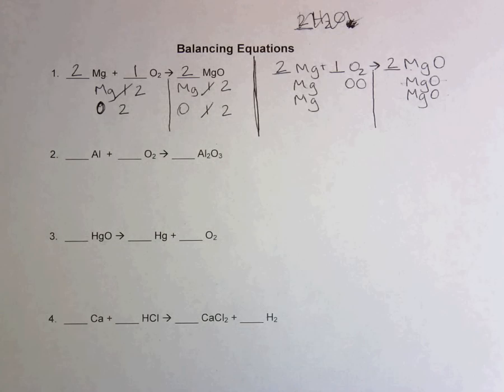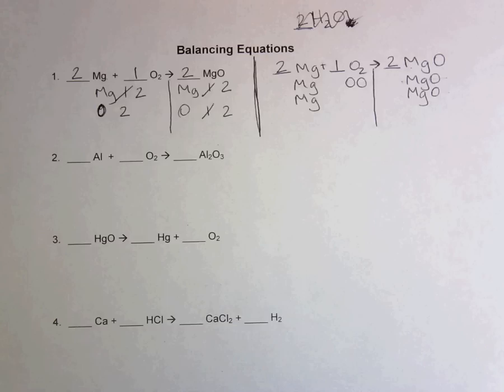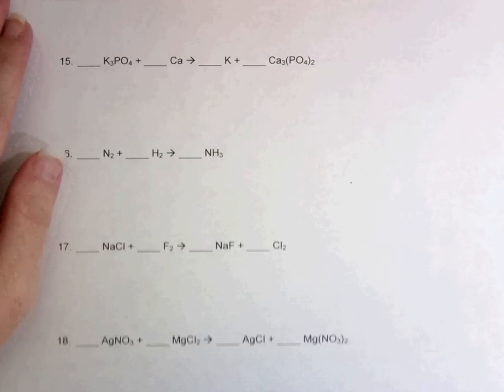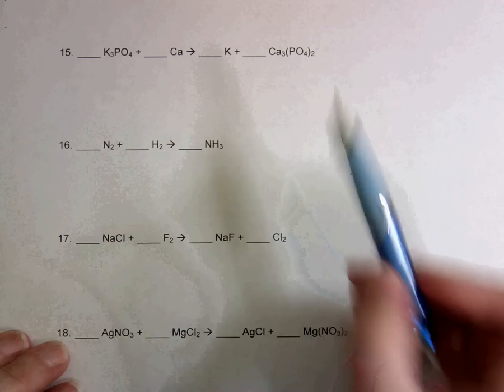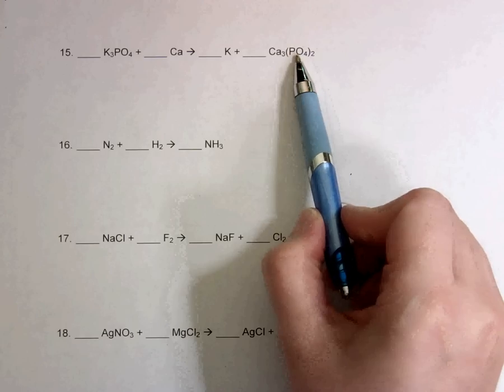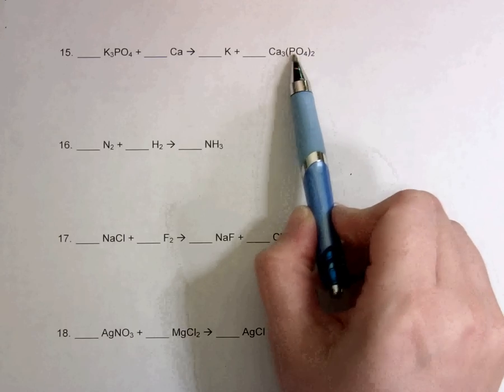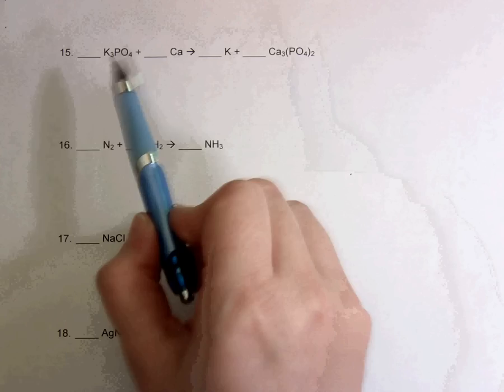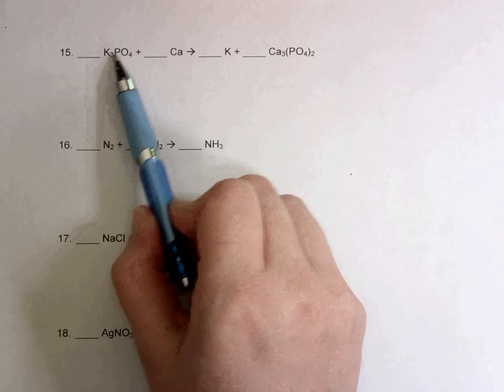Now I do want to also give you a little tip for some of these that get a bit harder that use polyatomic ions. For example, number 15. When you're balancing something with polyatomic ions, you're going to see them in parentheses typically. See, we've got phosphate here, PO4, and on the left-hand side of my arrow I also have PO4.